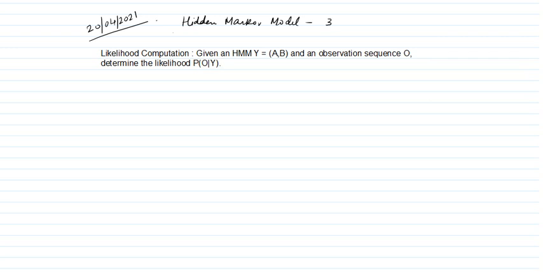We call this P of O given Y the likelihood, because likelihood is actually the estimate of some large number of probabilities.